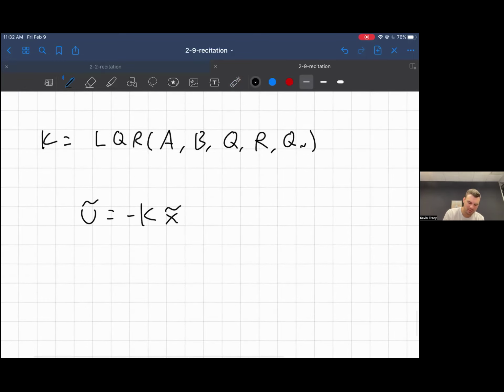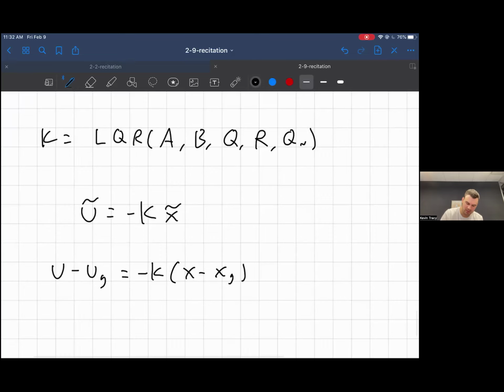And now let's look at what this actually means. So u tilde, if you remember, is u minus u goal, negative K, x tilde, where x tilde is x minus x goal.